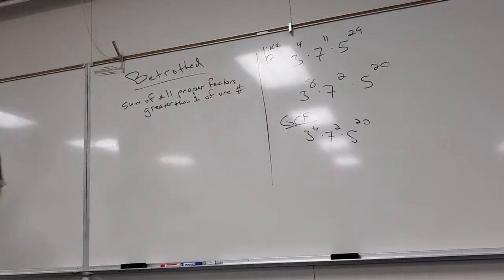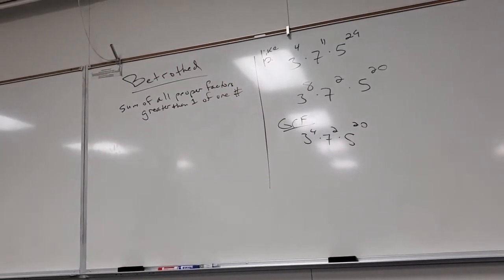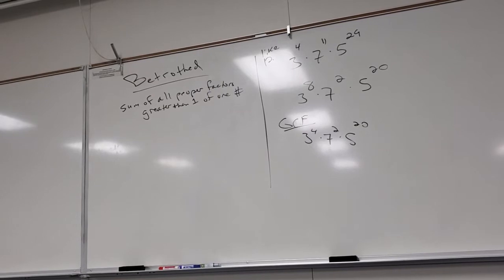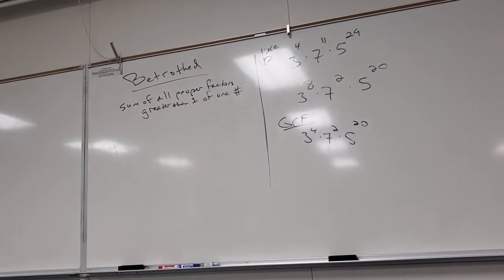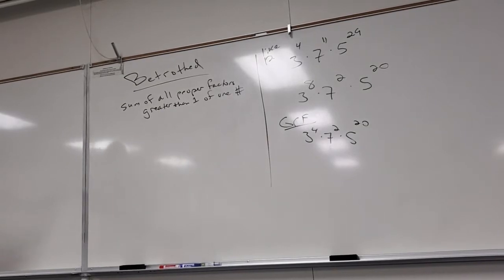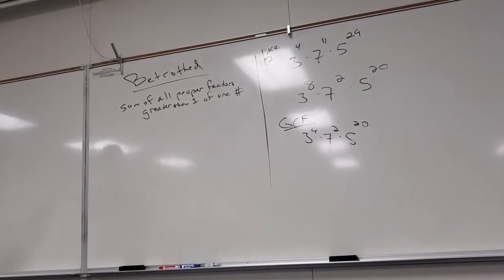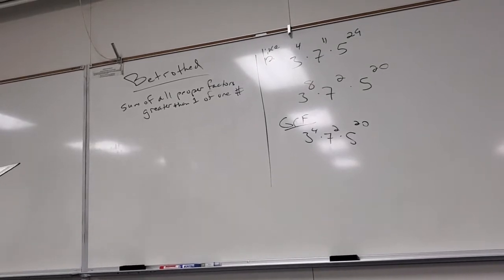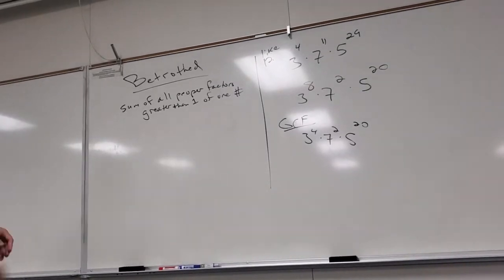All the factors that aren't the number itself. Like the proper factors of 9 are 1 and 3. Okay. If the sum of all proper factors greater than 1 of one number equals the other and vice versa. Okay.